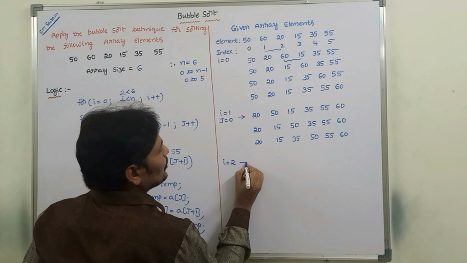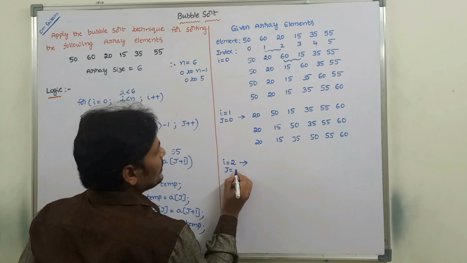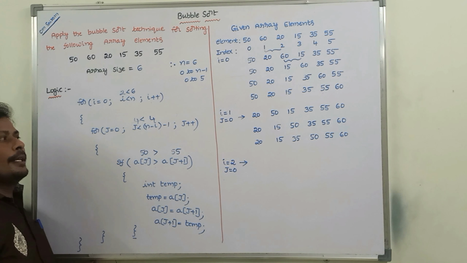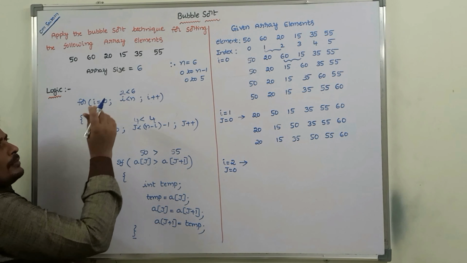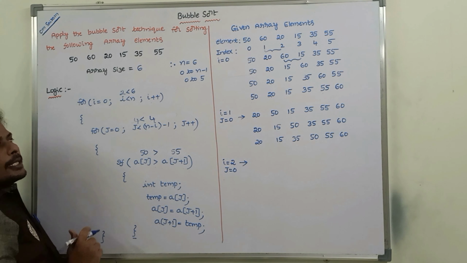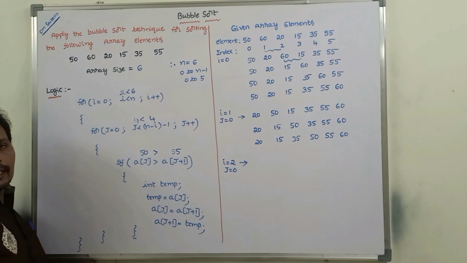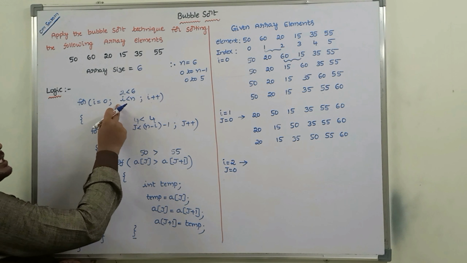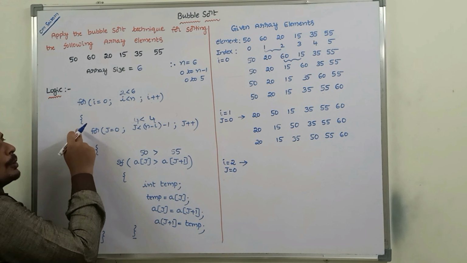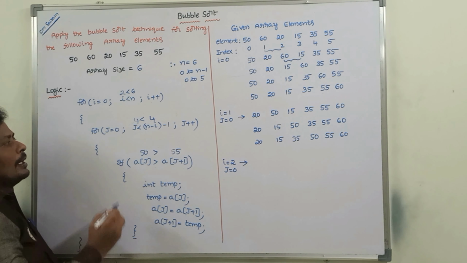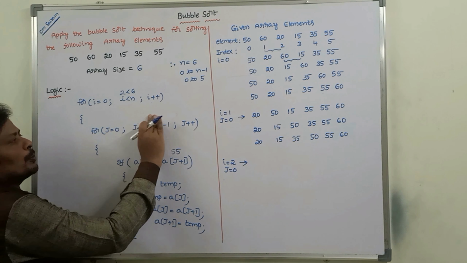Okay. Now j is equal to 0. After I value is incremented, now I value 2. 2 less than 6, condition true. If the condition is true, then the control goes to the body of the for loop. In that body, another for loop is there.